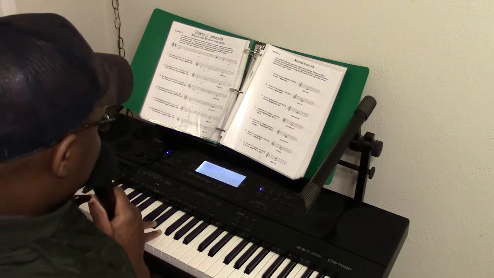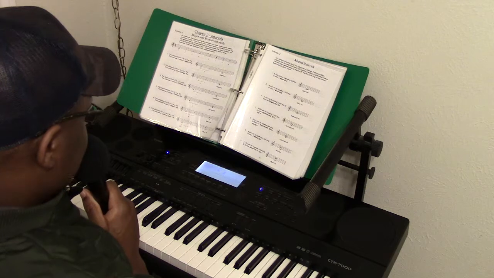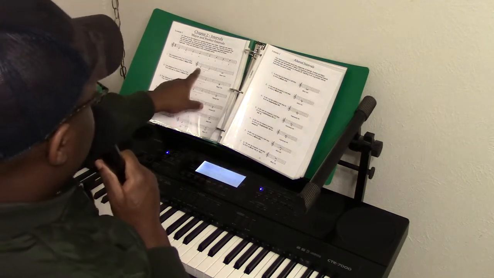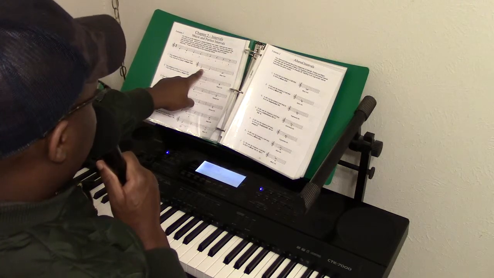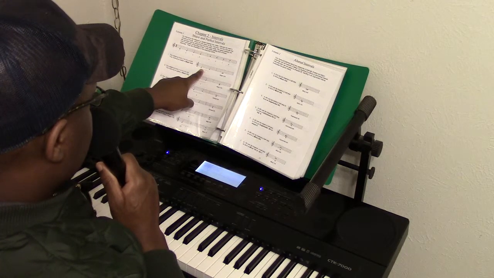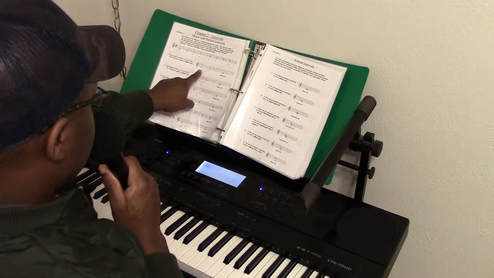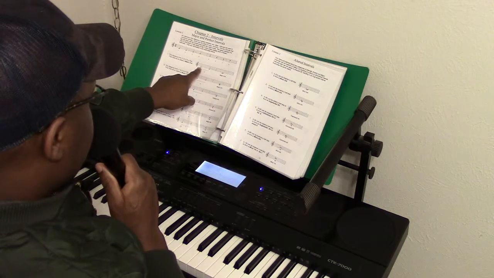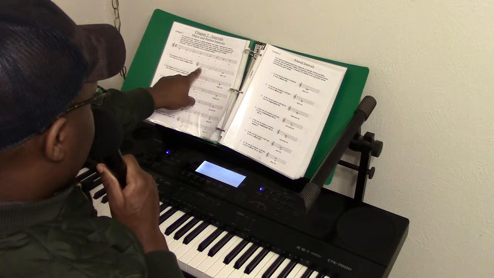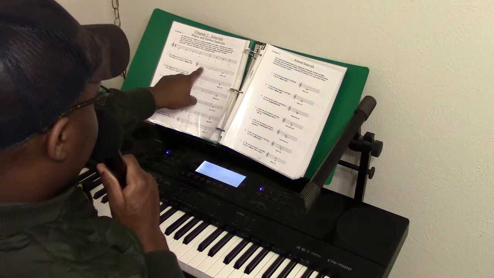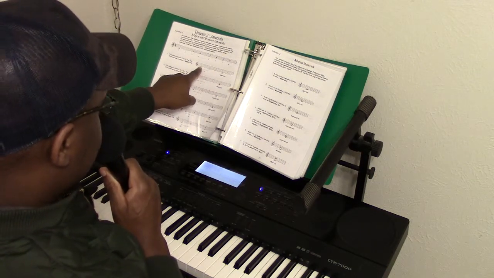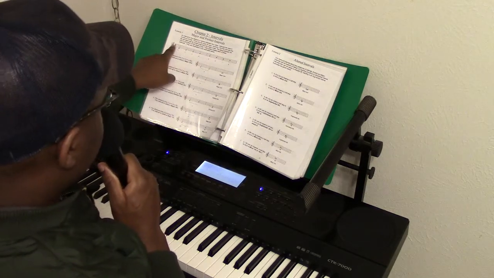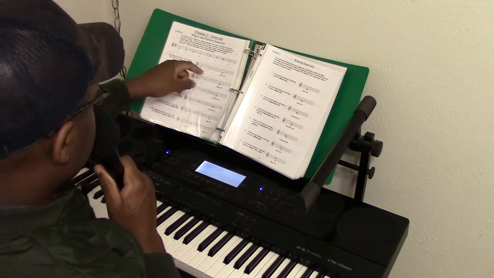You see what I mean? So you have a half note. A whole note is just a circle. A half note is the clear circle with a vertical line.